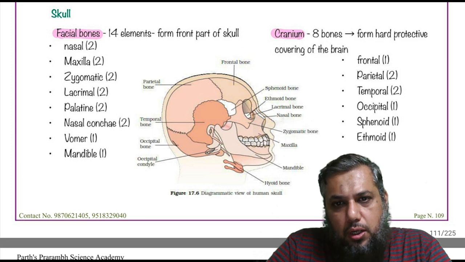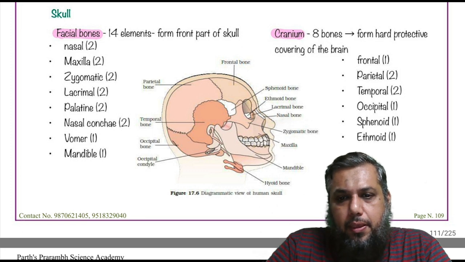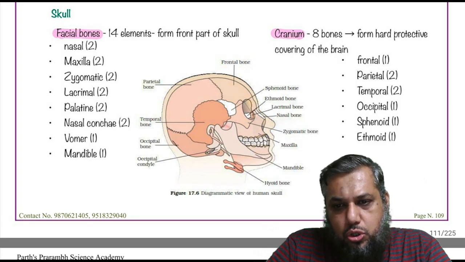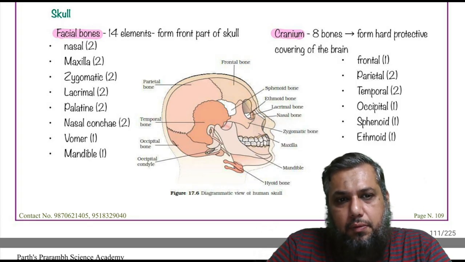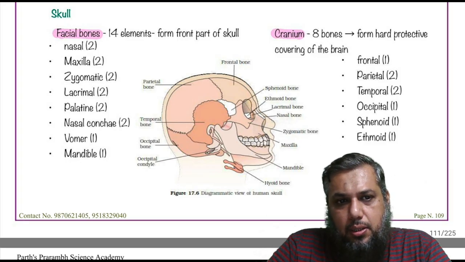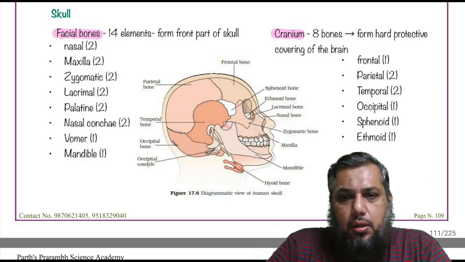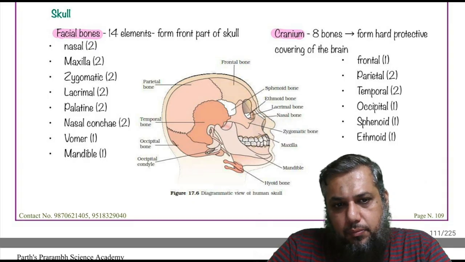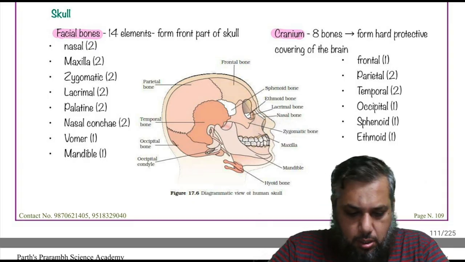The facial bones are 14, and I have given you a short mnemonic for that. Virat cannot make my pet zebra laugh, जो आप अपने नोटबुक में देख के आप पता कर सकते हैं कि इसका मीनिंग होता है वोमर, कॉन के इंफीरियर नेजल कॉन के, मैक्सिले मैंडिबल, पैलाटाइन, zygomatic and lacrimal. कौन से paired and unpaired है?